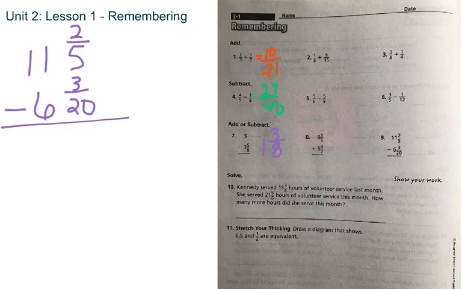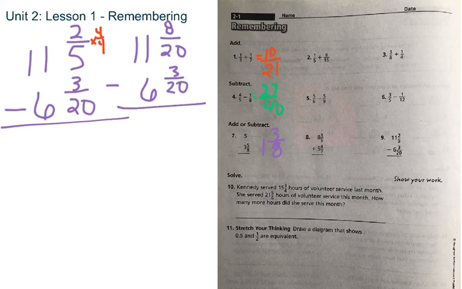A common denominator between 5 and 20: well, 5 can go into 20 because 5 times 4 is equal to 20. So we're going to multiply top and bottom by 4. And so this becomes now 11, and 2 times 4 is equal to 8, and 5 times 4 is equal to 20, minus 6 and 3/20.